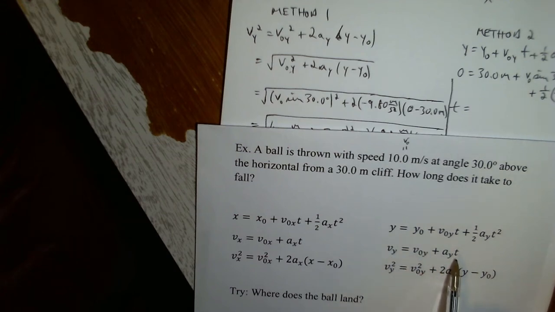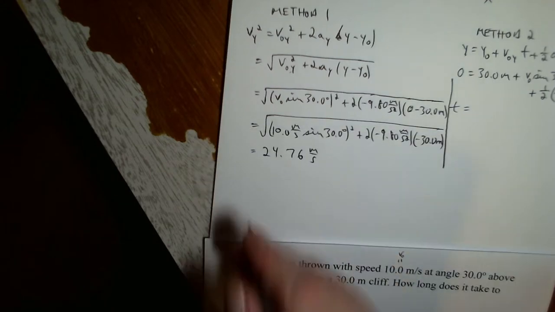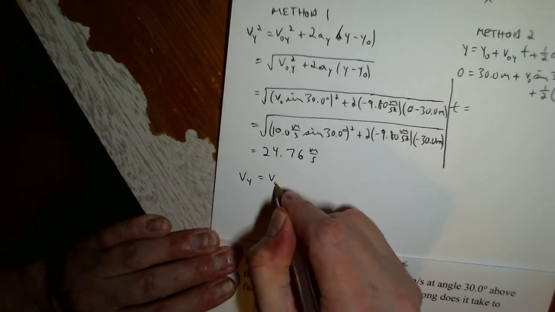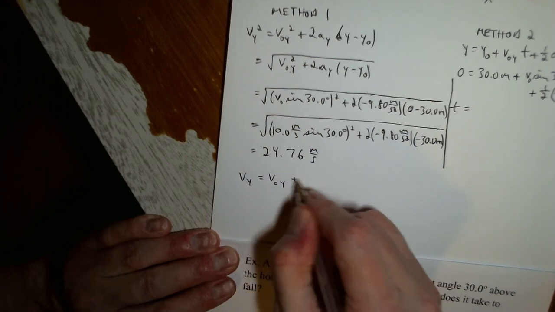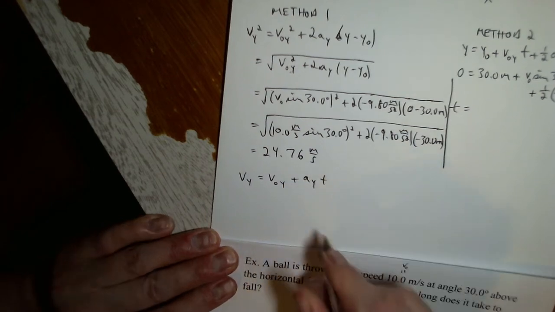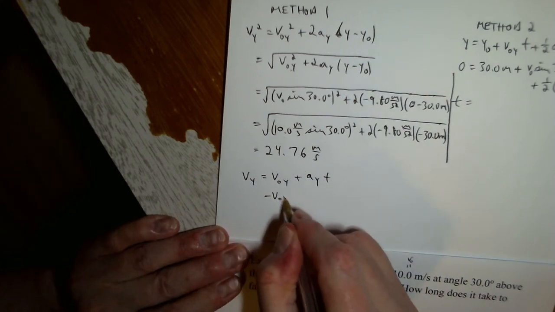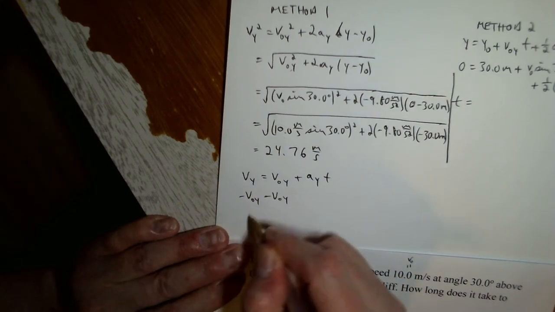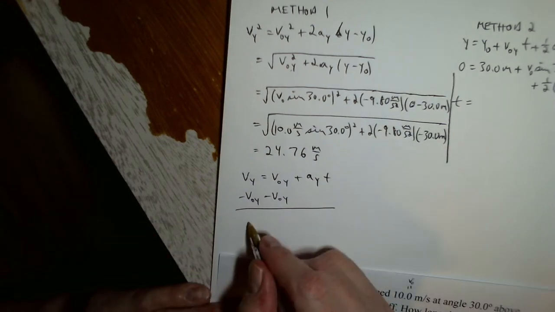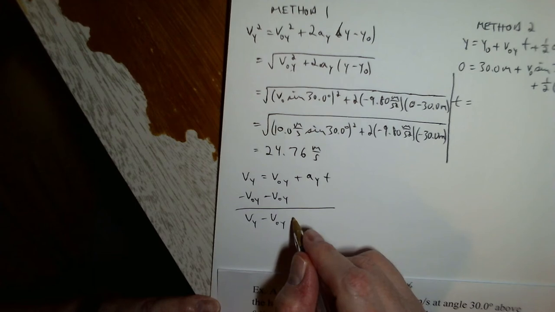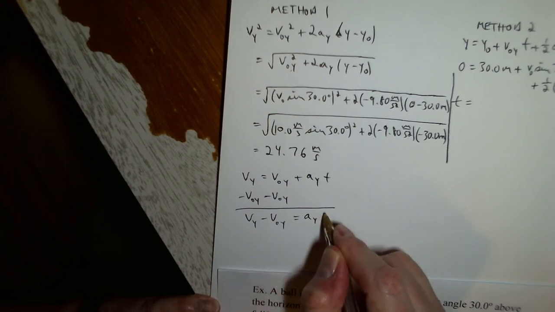for the time. So I write down Vy is equal to v sub naught y plus ayt. So to solve for the time, I subtract v sub naught y from both sides, and I get Vy minus v sub naught y is equal to ayt.